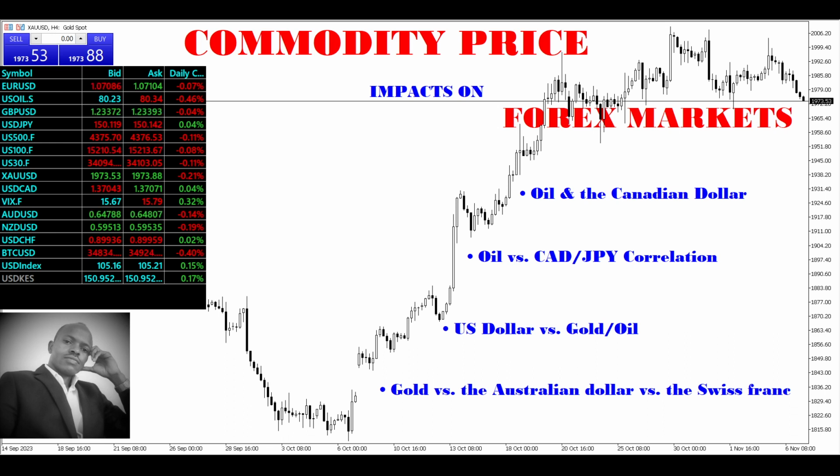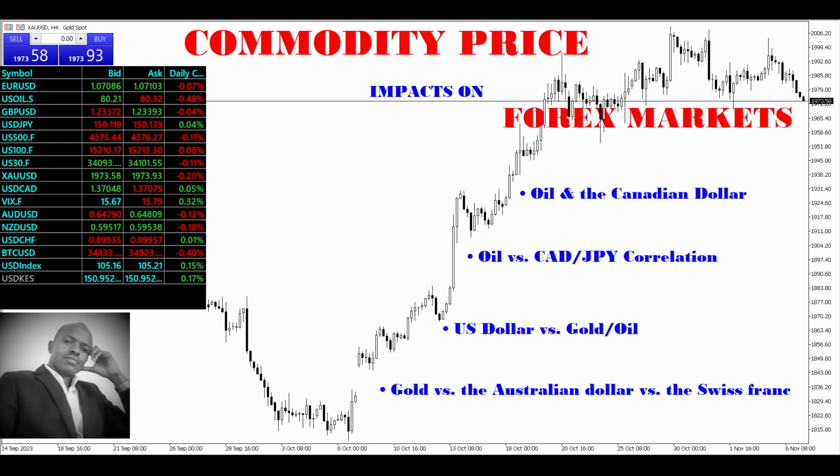Typically, when oil prices drop, it often leads to the Canadian dollar losing value in comparison to other major currencies. Similarly, when oil prices go up, then the Canadian dollar also goes up.